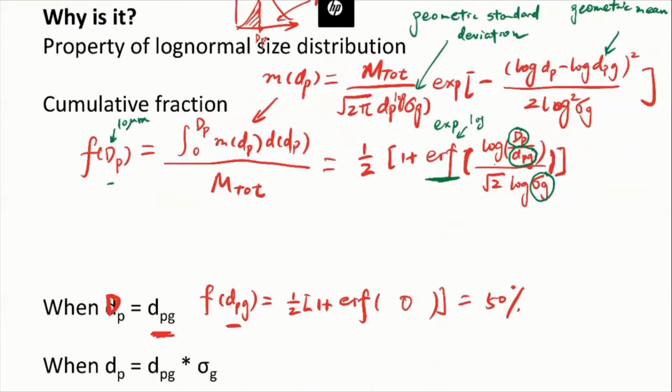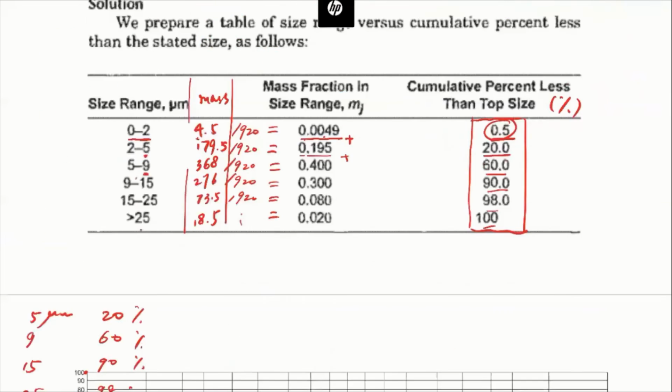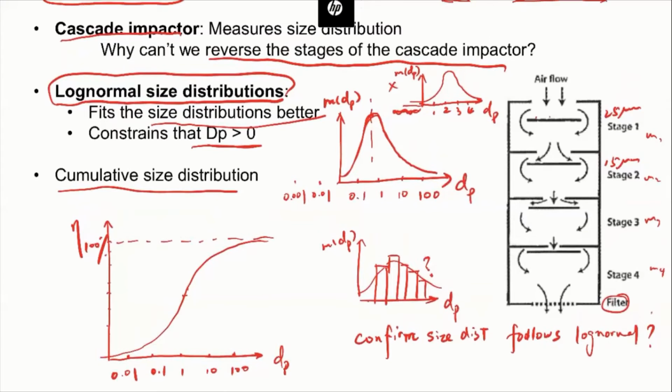So what does that mean? It just means that, if we go back to the size distribution, the middle point, or the axis of symmetry, will correspond to the size of dpg. On the left-hand side, the mass fraction is 50%. On the right-hand side, the mass fraction is 50%.